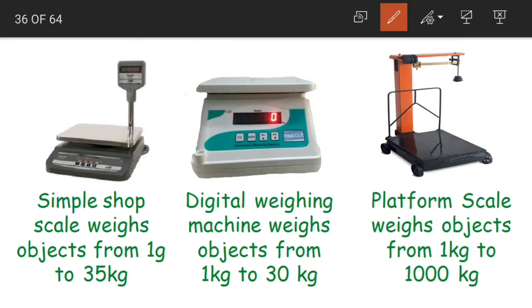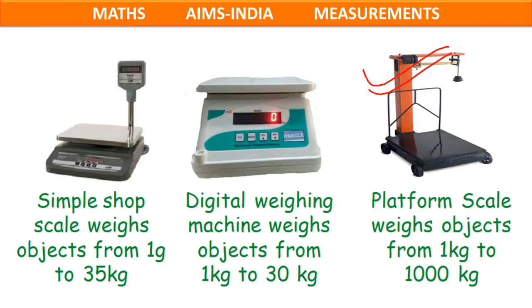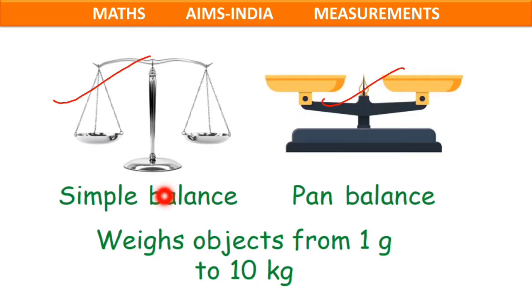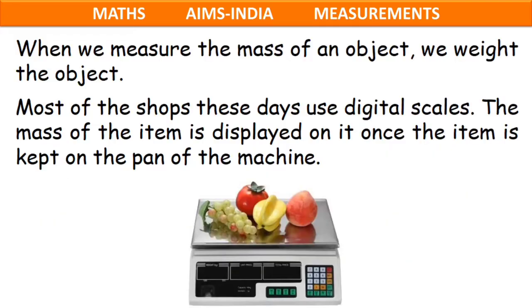So if you have any heavy objects, you can use the platform scale to measure their weight. The remaining ones, that is the simple shop scale, digital weighing machine, simple balance and pan balance, can be used to weigh objects of smaller weights.